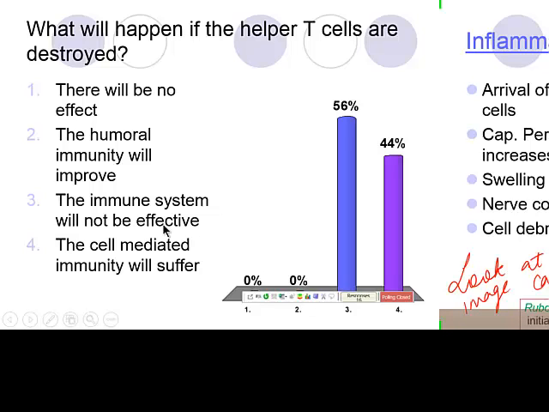Yes, the cell-mediated immunity will suffer, but in a multiple choice question, you always have to choose the best answer. The immune system will not be affected is wrong, because it's not only the cell-mediated, it's also humoral immunity which will suffer, which means that the immune system will be affected, okay?